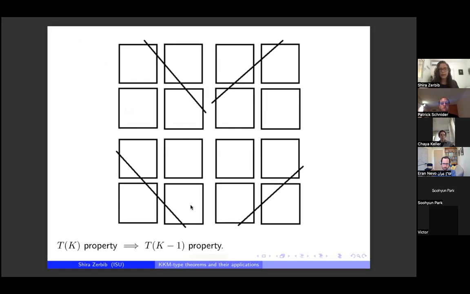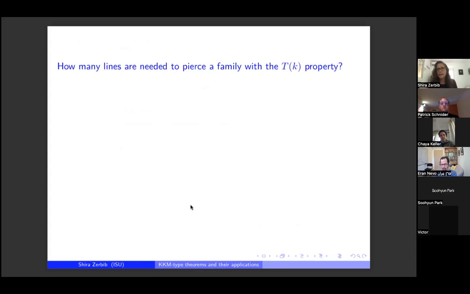And clearly, if a family has the Tk property, then it also has the T(k-1) property, because if every k sets are pierced by a line, then every k-1 sets are pierced by a line. So as in Helly-type theorems or (p,q)-type theorems, we are given some local property on the family of sets, that it has the Tk property.